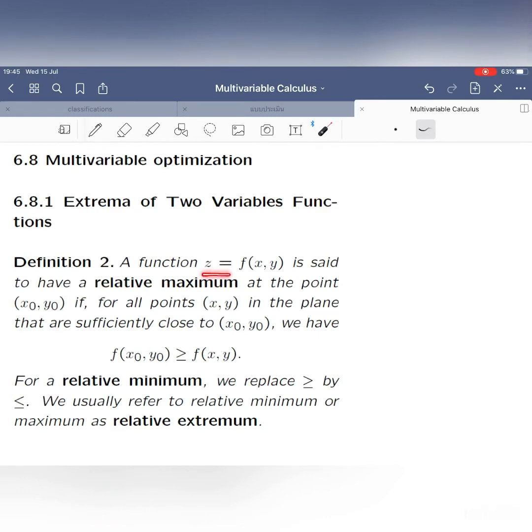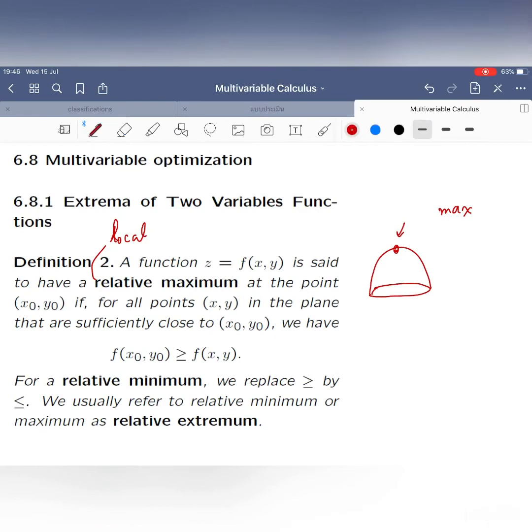A function z equals f of x, y is said to have a relative maximum, or local maximum, at the point x0, y0 if for all points x, y in the plane that are sufficiently close to x0, y0, we have f of x0, y0 is greater than or equal to f of x, y. So the relative maximum means that you are going to see again a hill, but this one is a three-dimensional surface hill, looking like this. So this is a relative or local maximum.